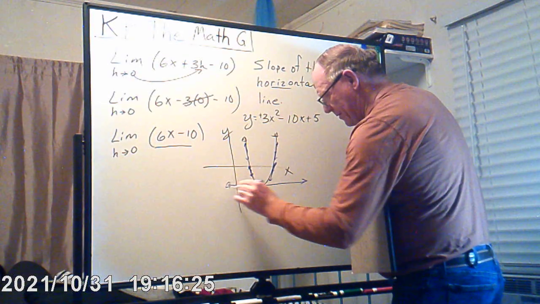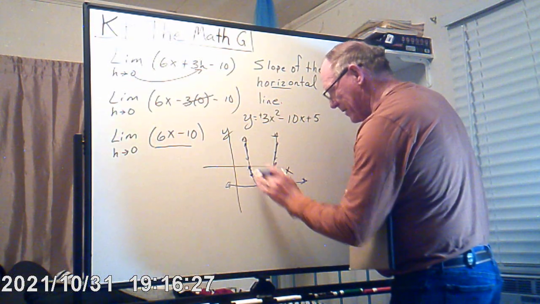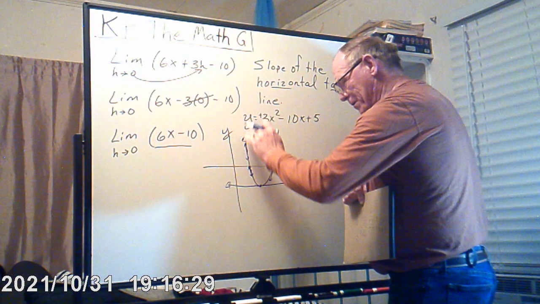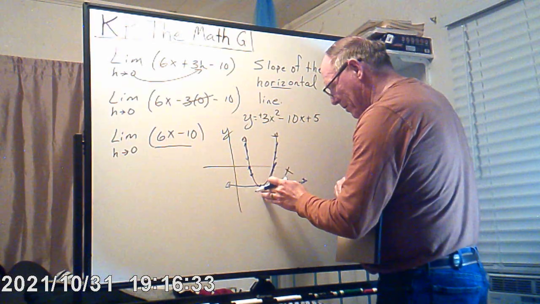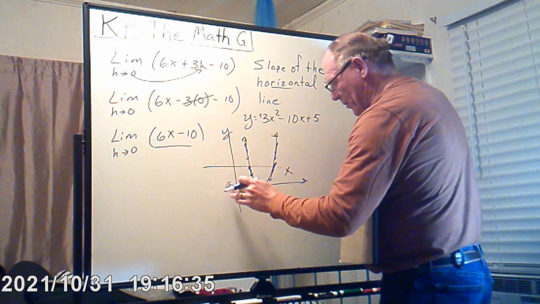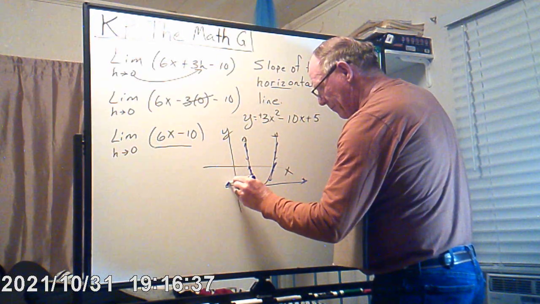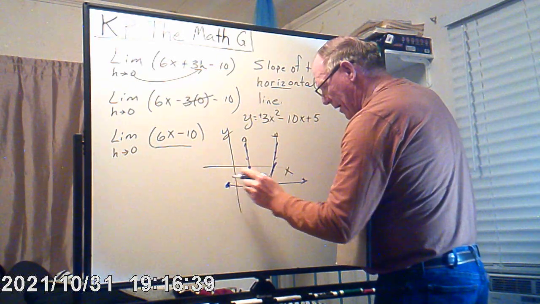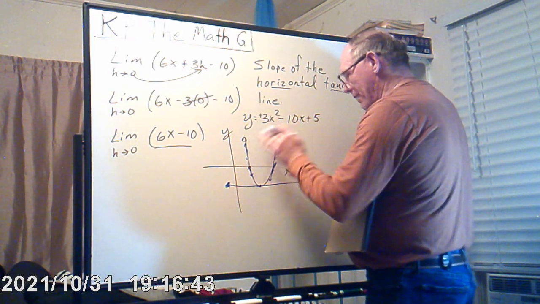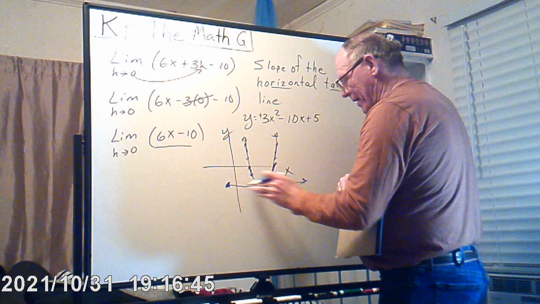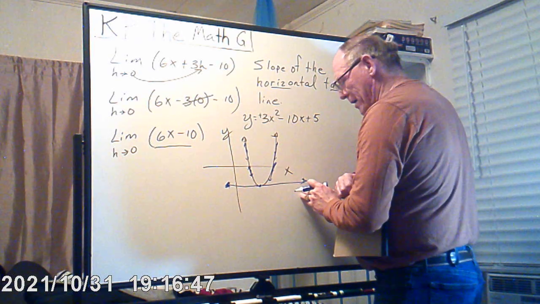This is the vertex of this. It's called the lowest point of the graph. Right? It's the actual minimum. So we have the minimum of this graph here, wherever that is. We're going to find out in just a moment here.